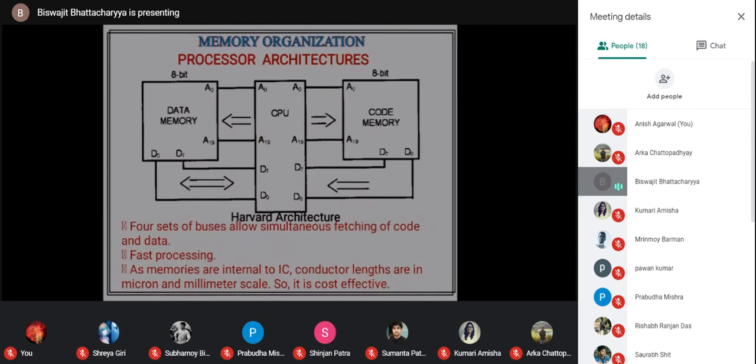The microcontroller that we'll use here in our application, in our discussion, will be the AVR microcontroller. In AVR microcontroller, the Harvard architecture is followed. In PIC microcontroller also, these are not discussed now in our course content, there also Harvard architecture is used.